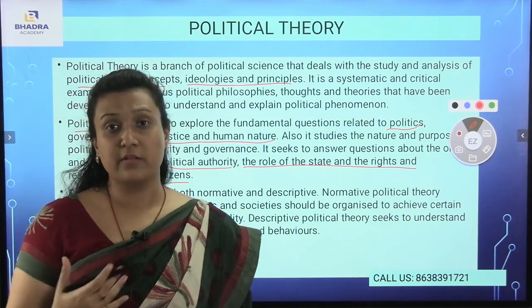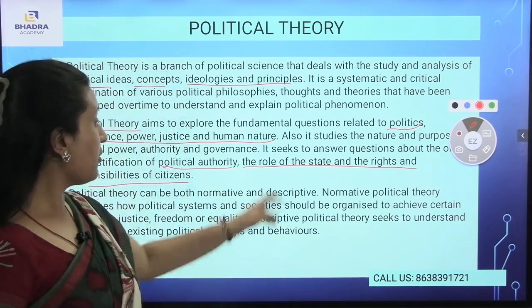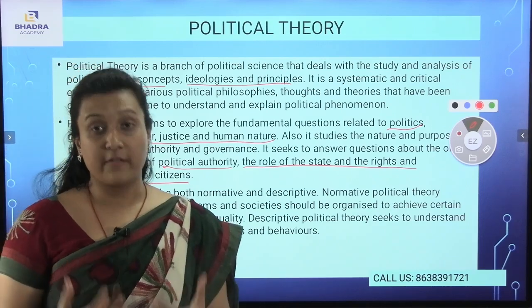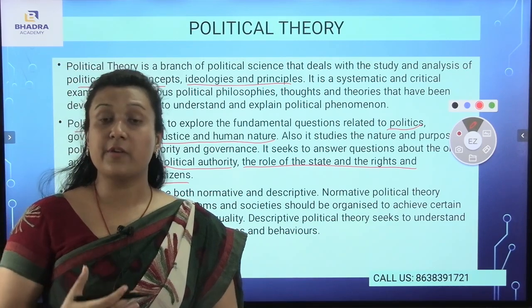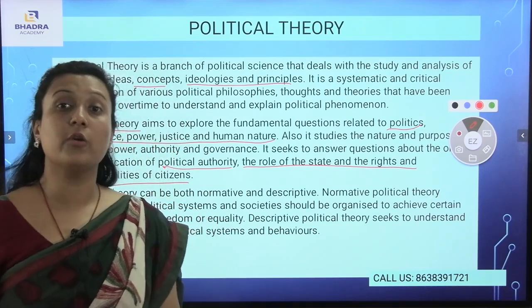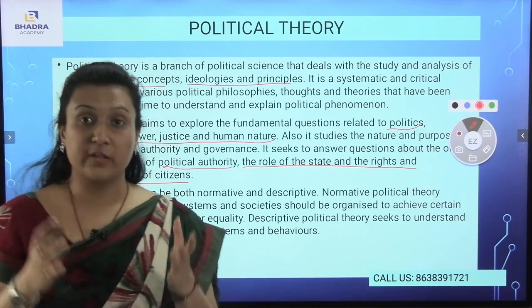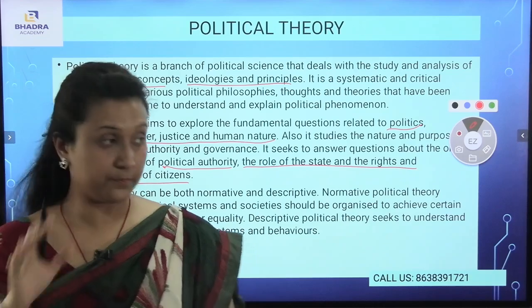It makes us understand the role of a particular citizen and a particular government. It describes the rights and privileges of a citizen and the role of the state. The state also gives the citizen some responsibility.